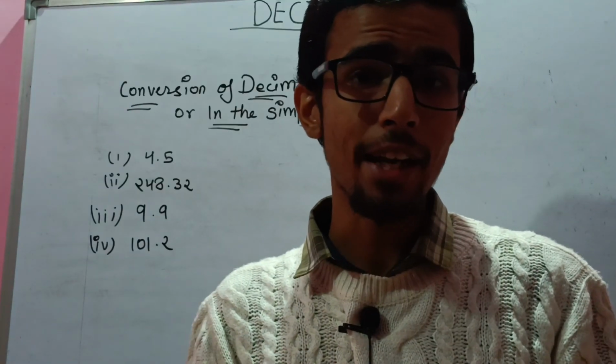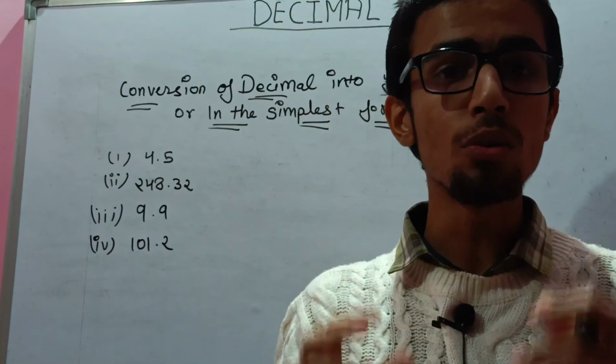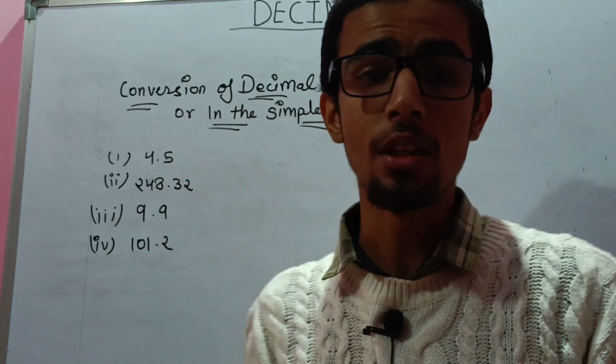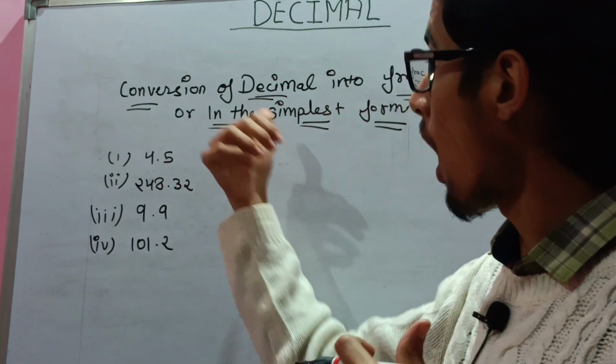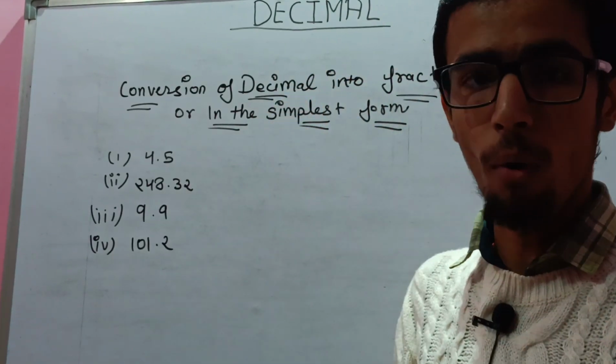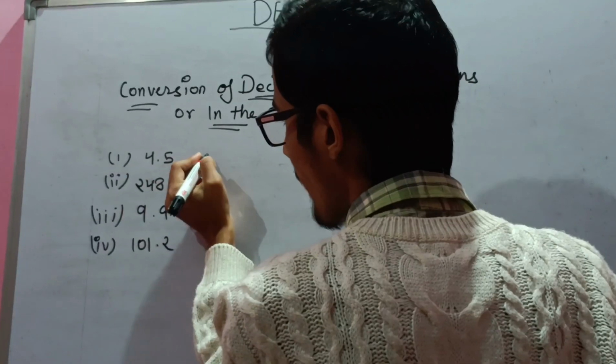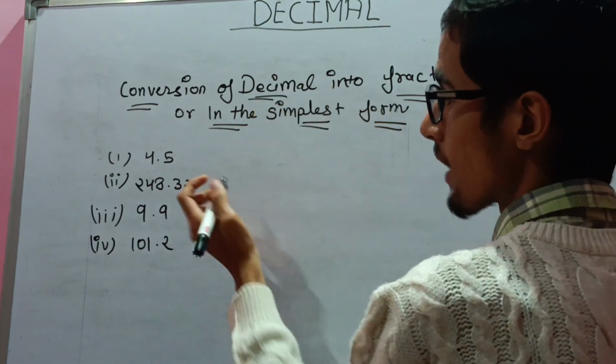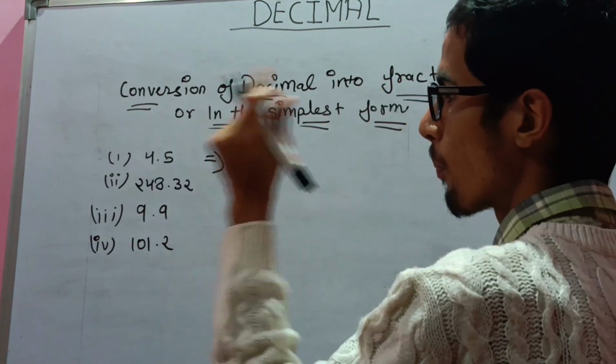In the previous slide, we learned how to change fractions into decimals. Now this is about how to change a decimal into a fraction in the simplest form. The first example is 4.5.